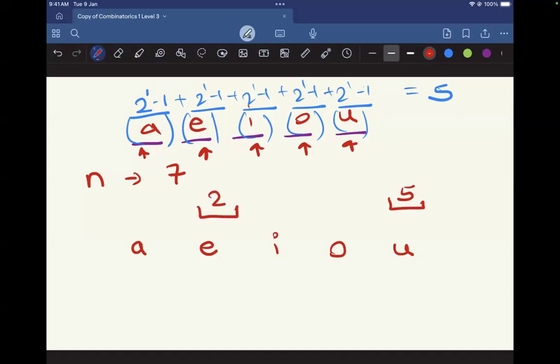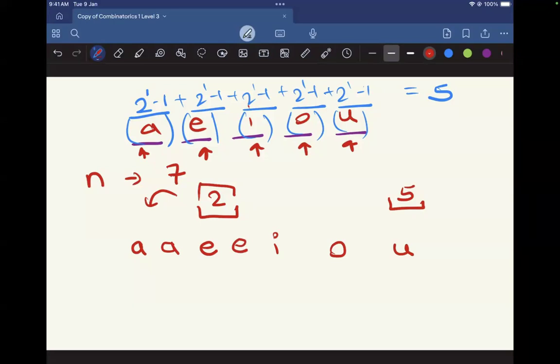Do you agree, instead of putting these 2 in one character, I would like to put these 2 in 2 different characters, possibly A and E or something like that? Yes or no, guys? I would like them to be in different characters. So now I would put an A here and an E here. All right.